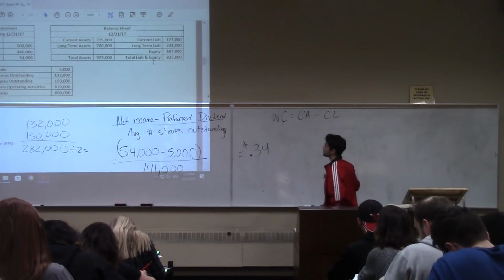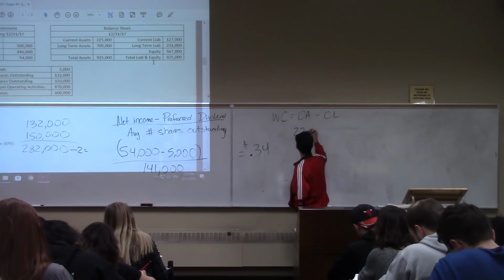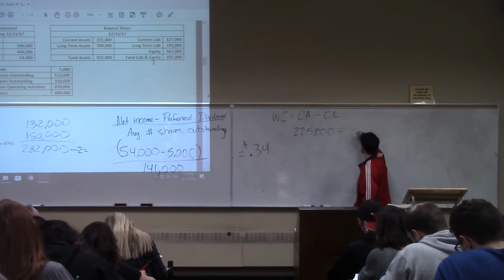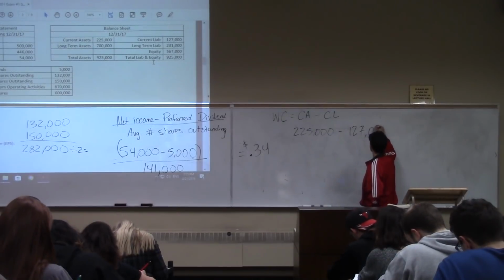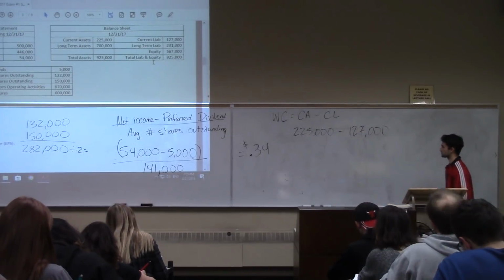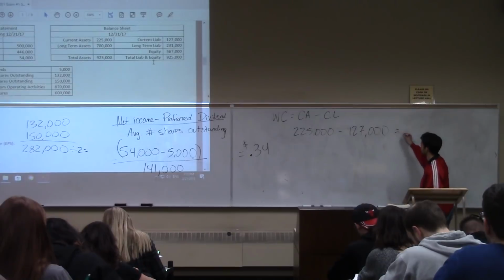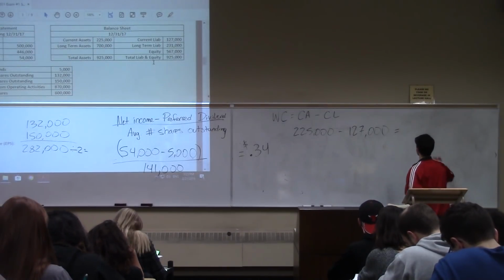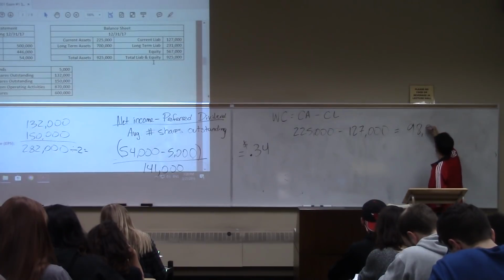Our balance sheet has current assets at 225 and our current liabilities at 127. That equals 98,000.